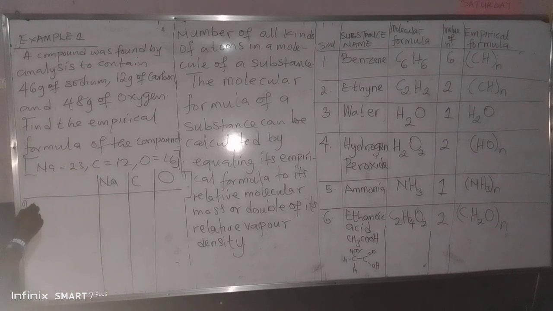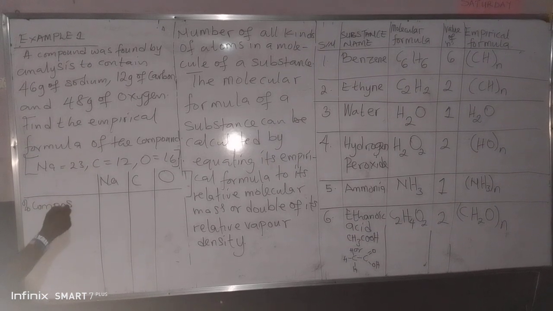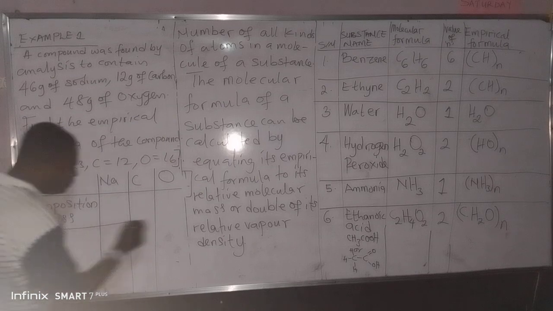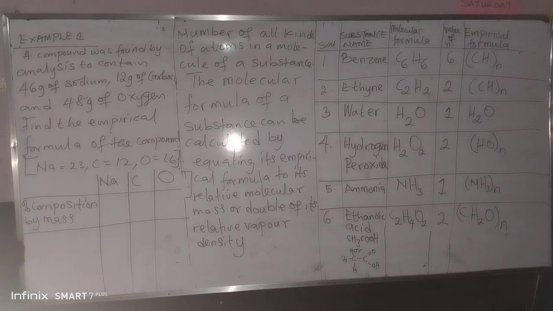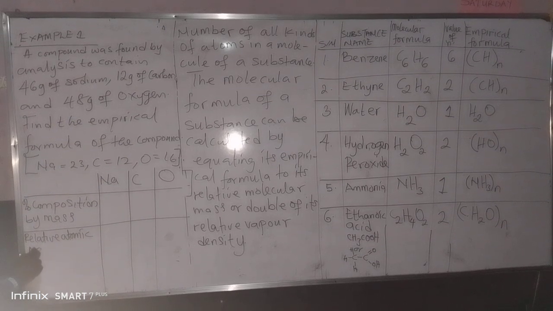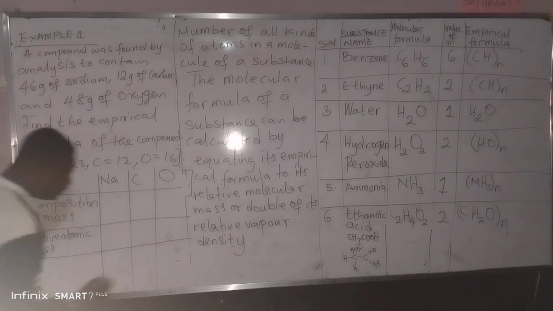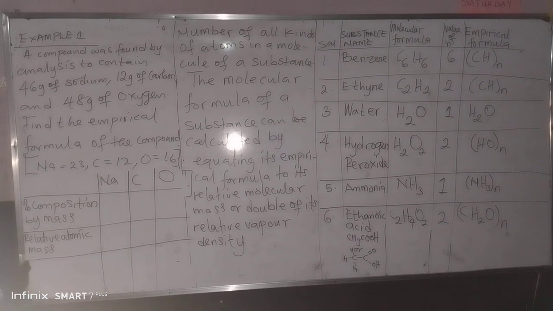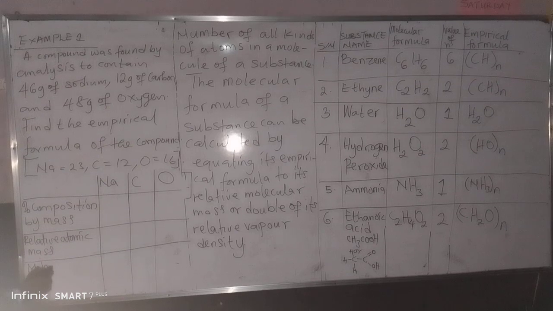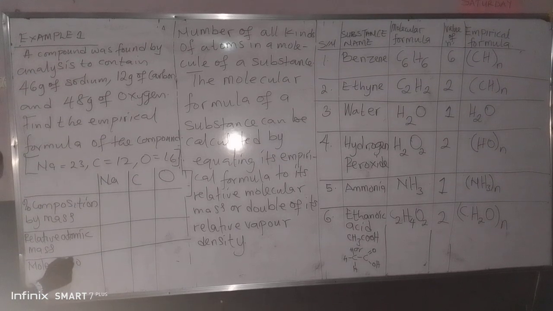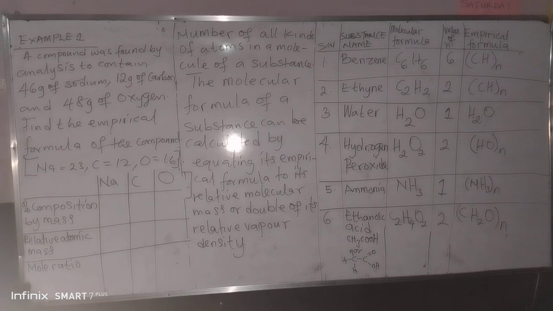First one is percentage composition by mass. You have to cram this. Then the next one is relative atomic mass. Then apart from that, we have mole ratio.